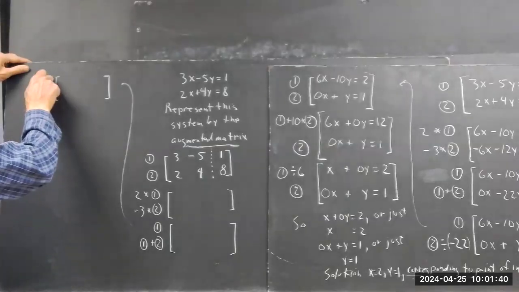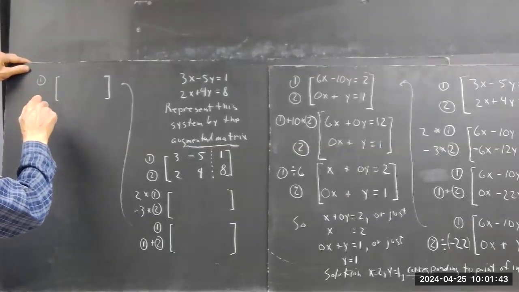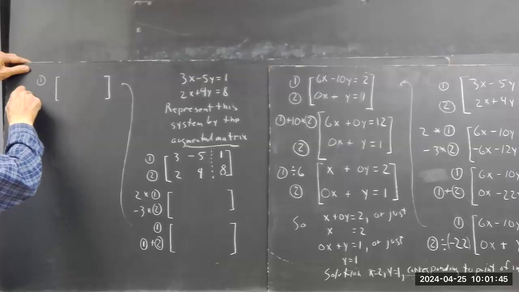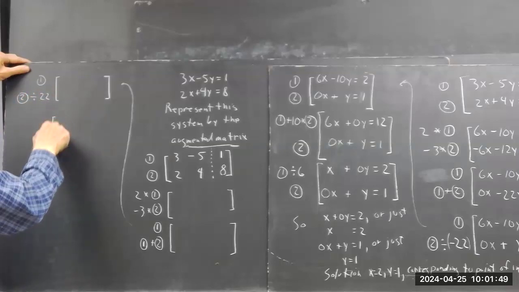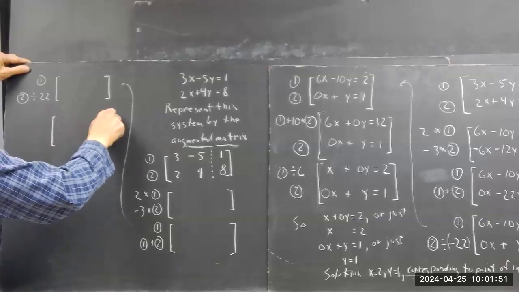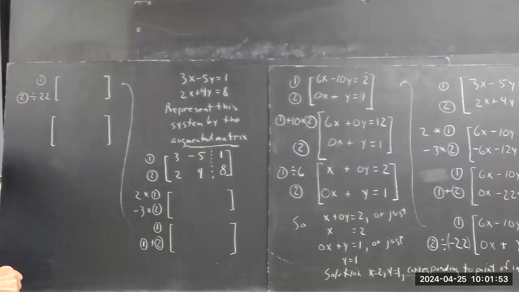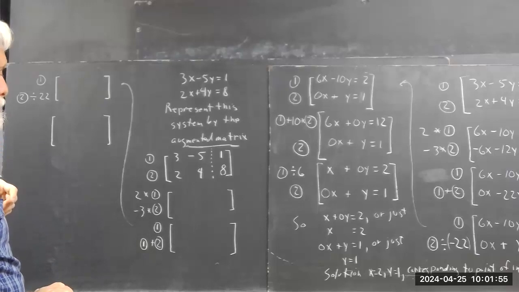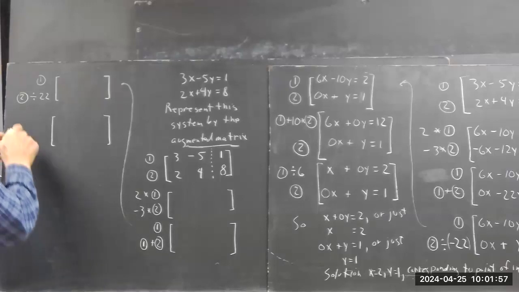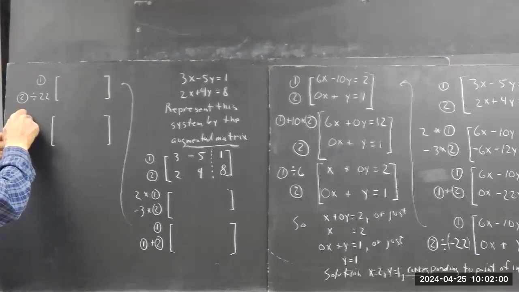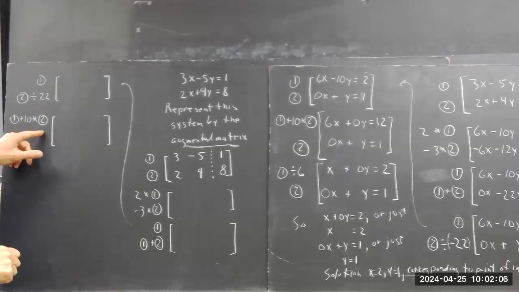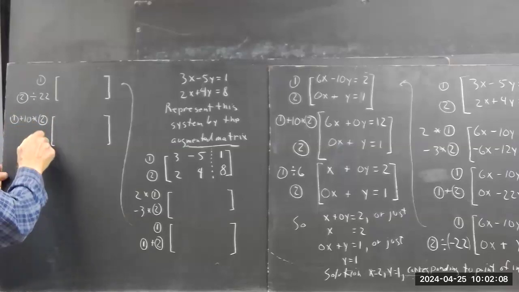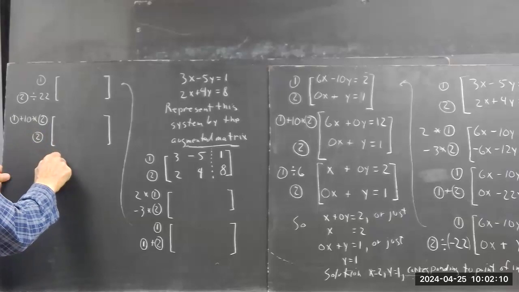So we're going to have 1 here, and we're going to have row 2 divided by 22. And then we're going to have row 1 plus 10 times row 2.